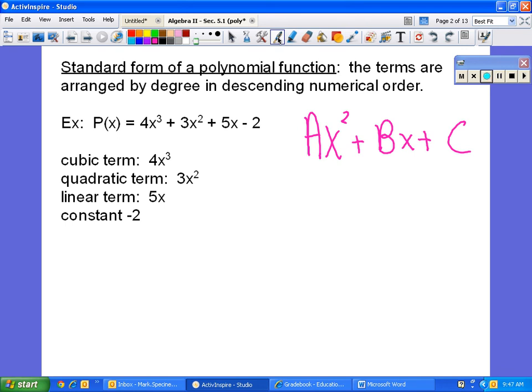Beyond that, if I had x to the 6th power, we would simply say that is 6th degree. So any 6 and higher, you just say the number: 6th, 7th, 8th, whatever.